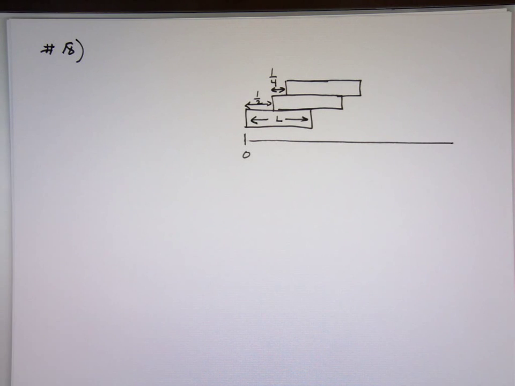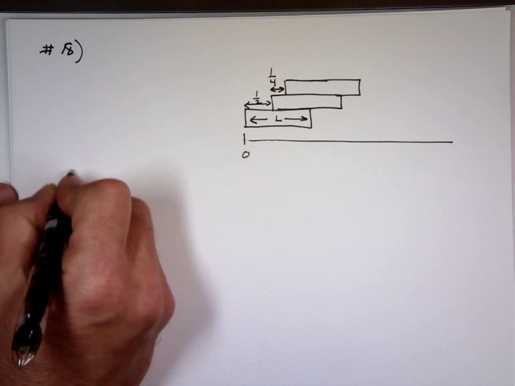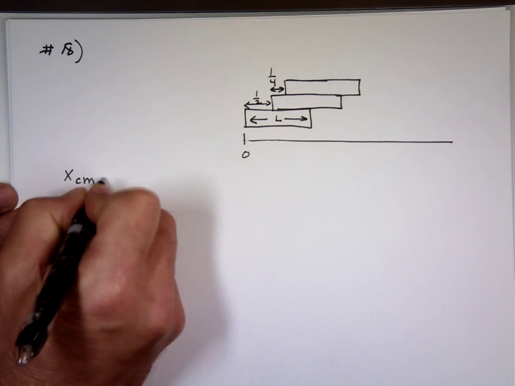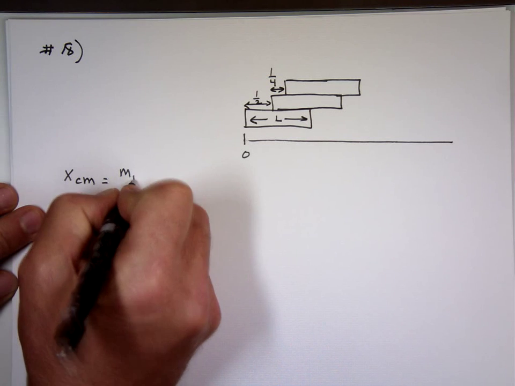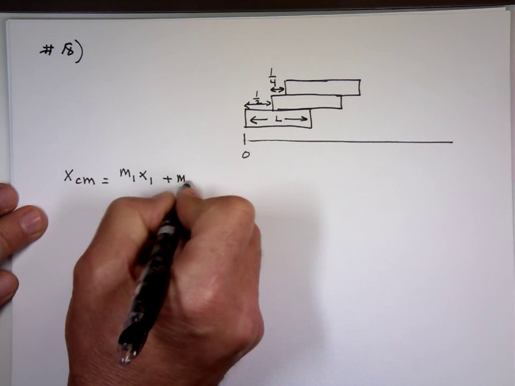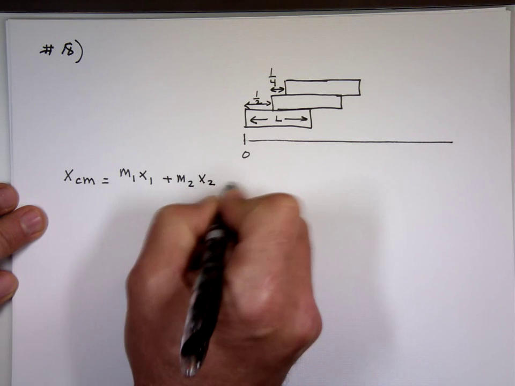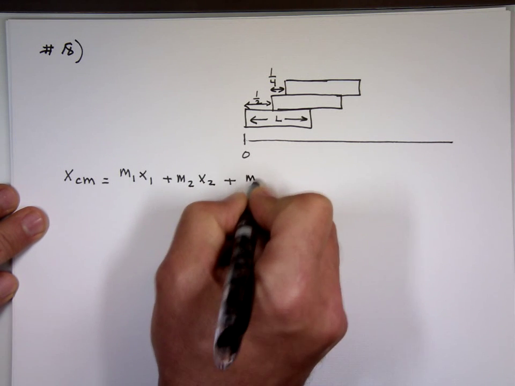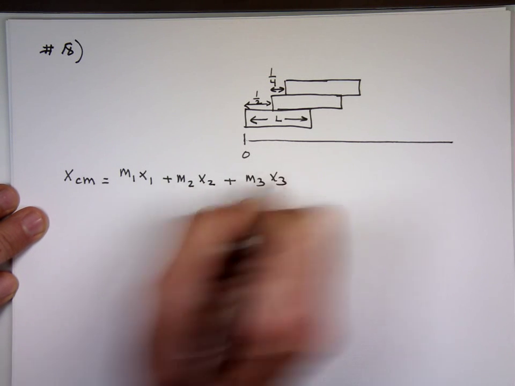And what is the center of mass? If you remember, X center of mass is mass 1 times x1 plus mass 2 times x2 plus mass 3 times x3 over the sum of the masses.